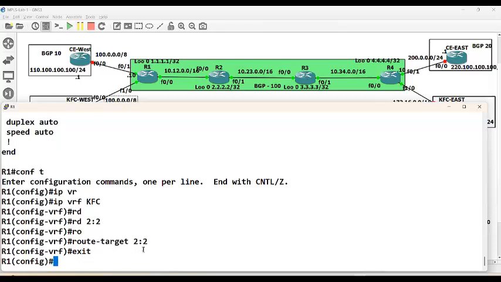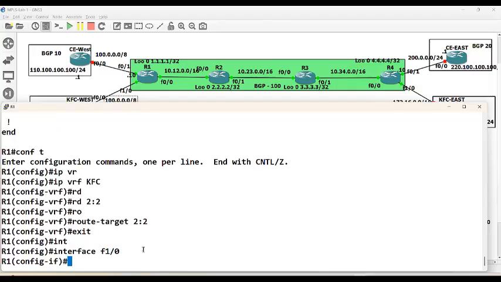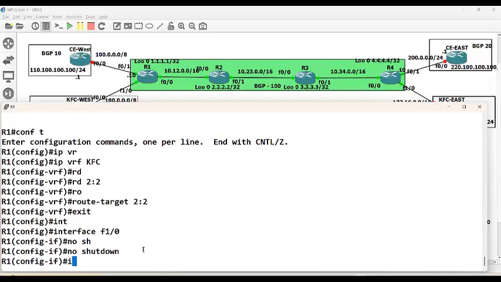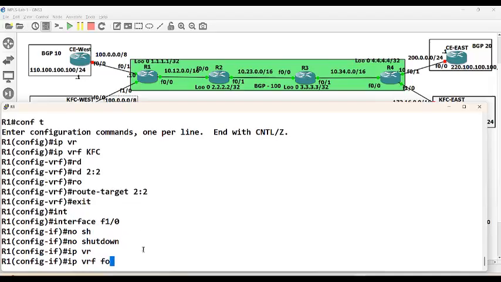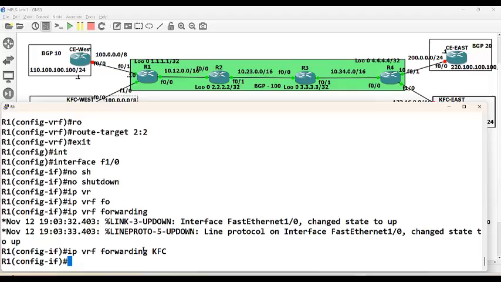Now what I do next, I put that interface F1/0 under the control plane of KFC. For that, first I say no shutdown and then I say IP VRF forwarding KFC. It is case sensitive. Done.